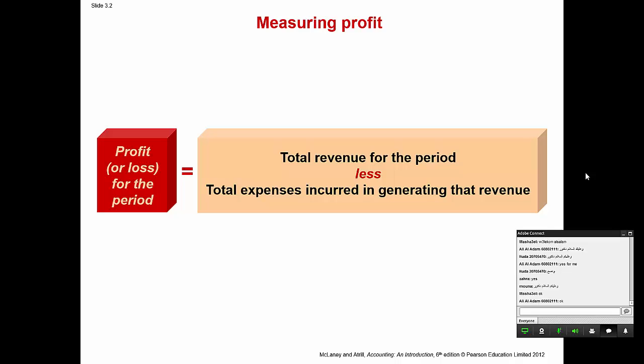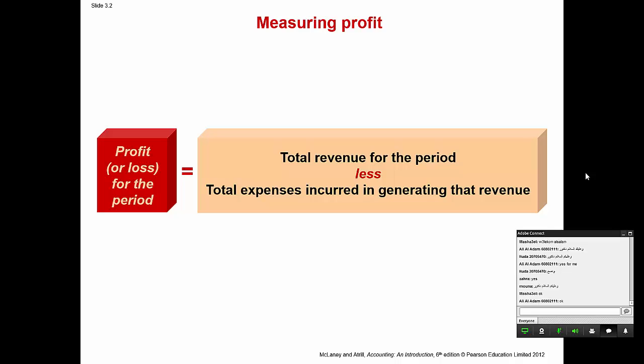And also most of the organizations try to make it every year, because as you know, the financial year, or as we call it the fiscal year, begins on January 1, for example, 2013, and ends on 31 December 2013.